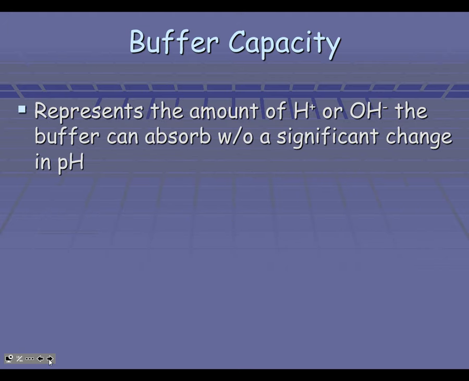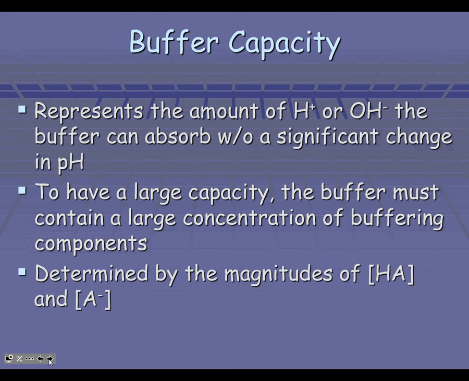Now here, I did mention a little bit about buffering capacity earlier. Buffer capacity represents how much hydrogen or hydroxide the buffer can absorb without creating a significant change in the pH.